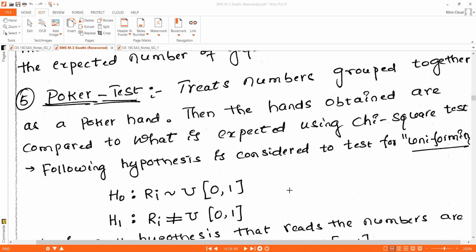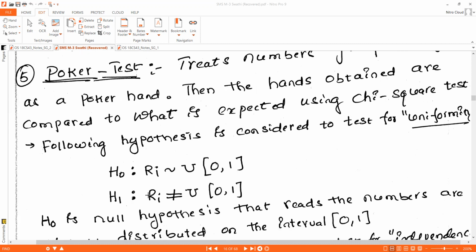The following hypotheses are considered to test for uniformity. H0: Ri is approximately U(0,1), and H1: Ri is not U(0,1).